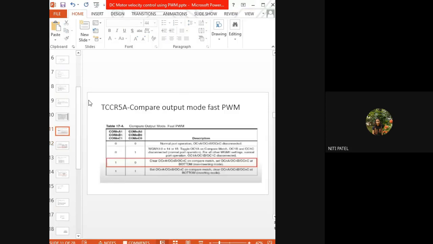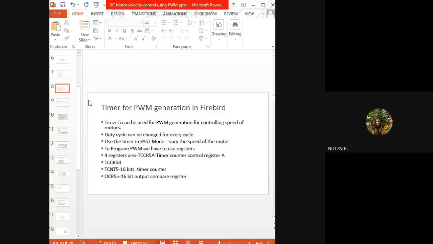All these 2-3 slides are, first of all, to generate this particular waveform I require timer 5.